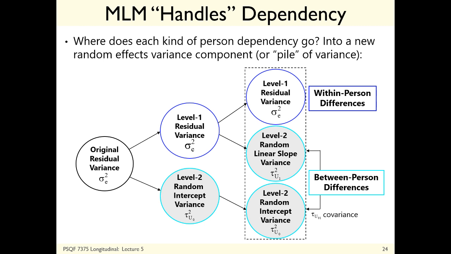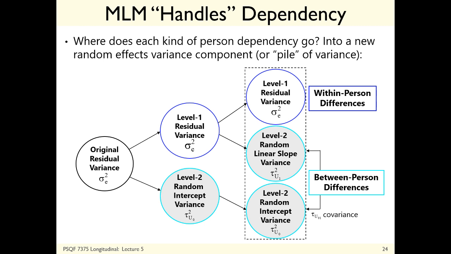Think of it this way. Why would we have E variance? It's the variance around the line. Well, if some people need a different line, we can soak up some of that E variance and put it over here instead. Part of the reason that you were off your line is that the line that was fit for you, that everybody shared, is not good enough. You need your own. If I give you your own, some of that error that we have called time error is actually person error. It's person slope error.